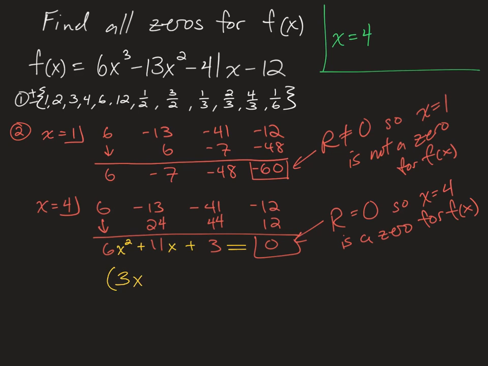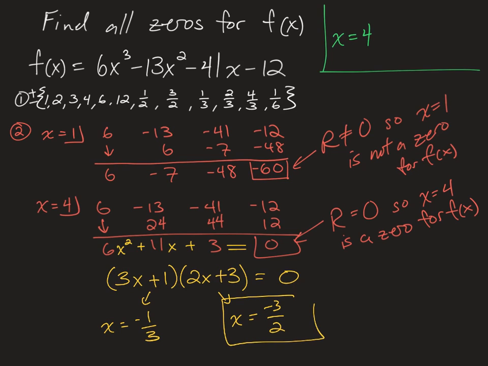This would be 3x plus 1, 2x plus 3, and that equals 0. And when you solve each of these for x, you'll get x equals negative 1/3, subtract 1 and divide by 3. And here you'll get x equals negative 3 over 2. Subtract 3, divide by 2. These are also answers that go in our list. So I've got 4, negative 1/3, and negative 3/2.